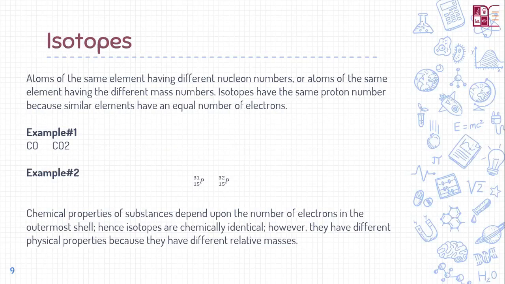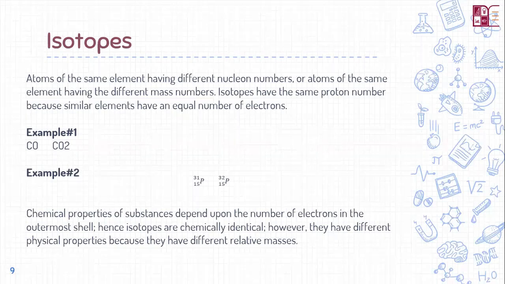Now I'm going to discuss something about the isotopes. Isotopes are atoms of the same element but having different nucleon numbers, or different mass numbers. Mass numbers and nucleon numbers are both the same. So isotopes have the same proton number because they're from the same element, and they have an equal number of electrons as well.